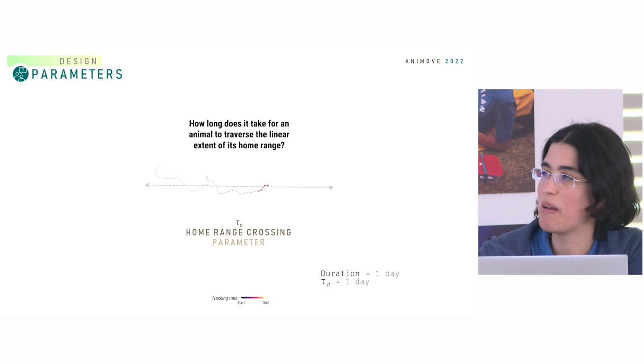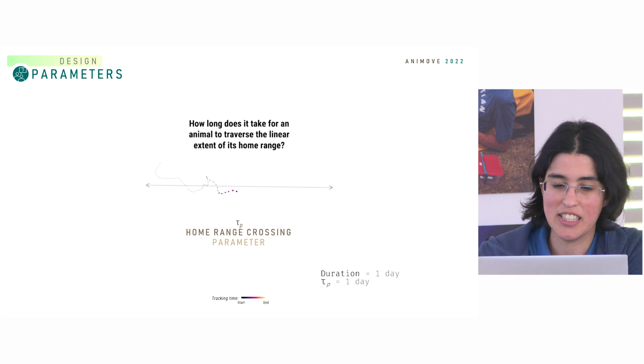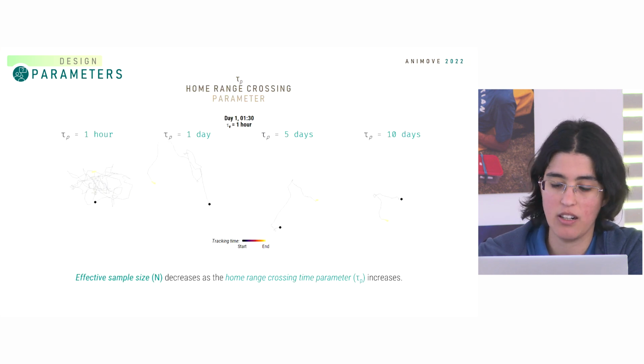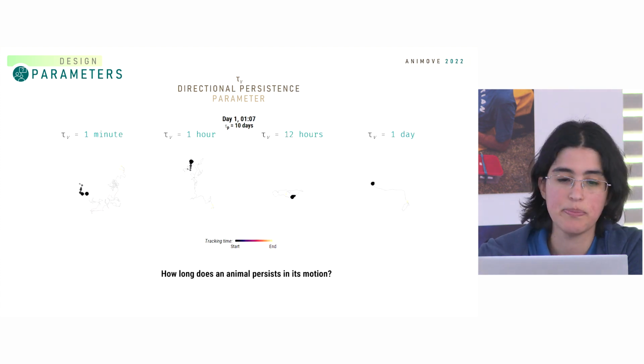Again, just in case you forgot what the home range crossing parameter was, it's how long it takes to traverse the linear extent of its home range. The bigger it is, the longer it takes, and as we increase this parameter, we decrease effective sample size.